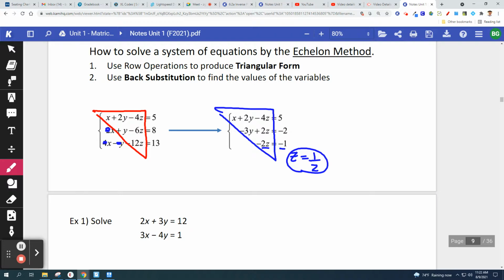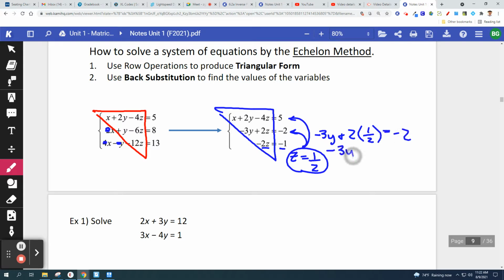If you take that 1/2 and plug it into the second equation, you're going to figure out what y is. That's what back substitution is. I'm going to plug this thing in, actually, both of those equations, okay? But we're working backwards. And so that second equation says -3y plus 2, plug in the 1/2 for z, equals -2.